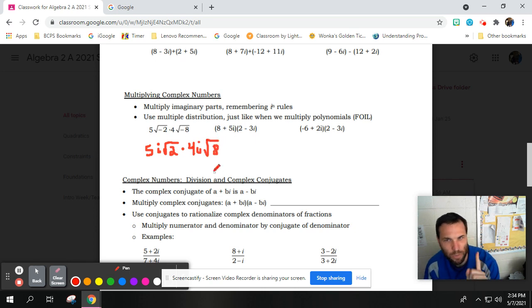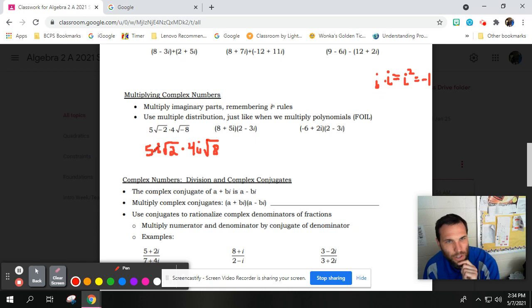The special thing is that i times i is i squared, and i squared is equal to negative 1. So this would have worked out anyway. We multiply the outside times the outside and the inside times the inside, and when we have i times i, we change it to negative 1. If you have i times i, you're not going to have an i in your answer.